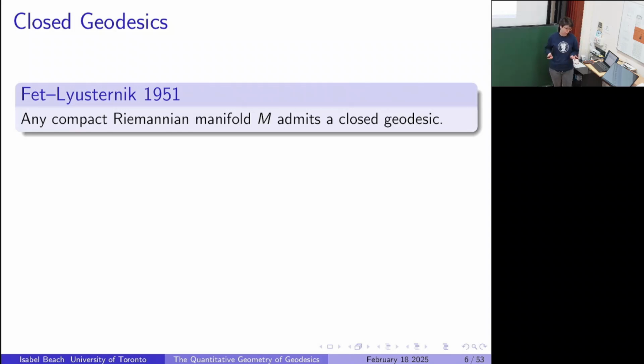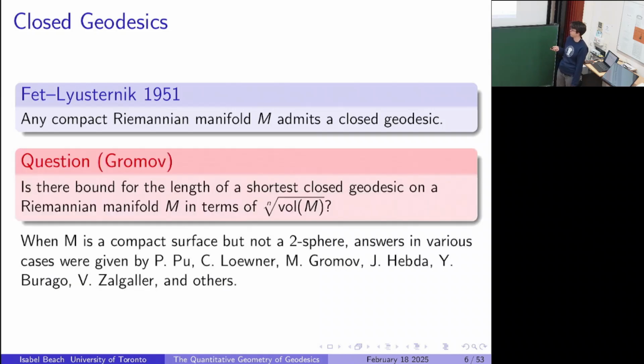For things that are not two-spheres, an example of an existence theorem is Lusternik-Fet, who proved that any compact Riemannian manifold of any dimension admits a closed geodesic. In particular, this is true of all compact surfaces. And then there's this question of Gromov, which asks: is there a bound for the length of a shortest closed geodesic on a manifold in terms of the nth root of its volume?